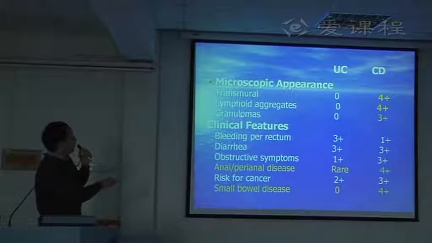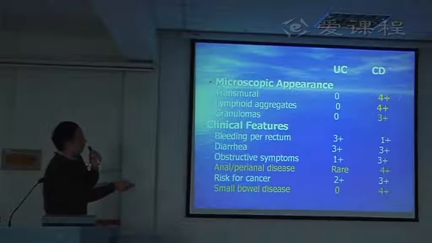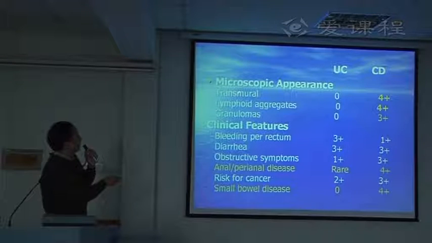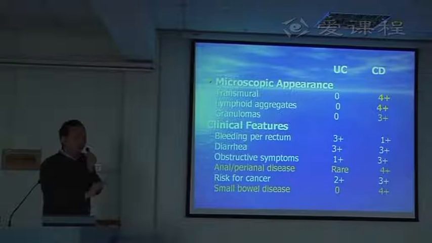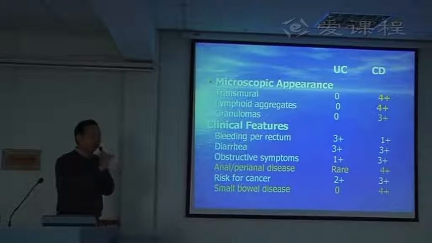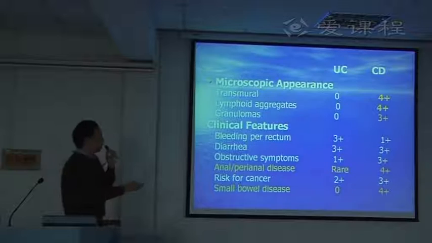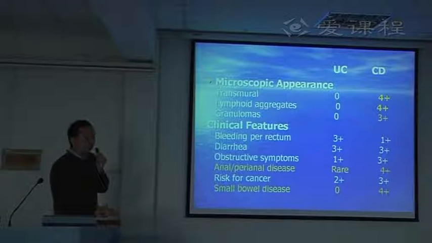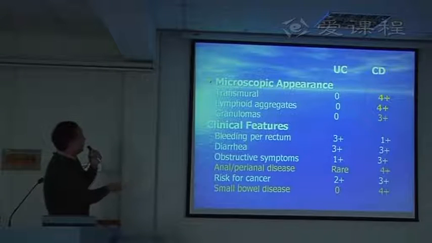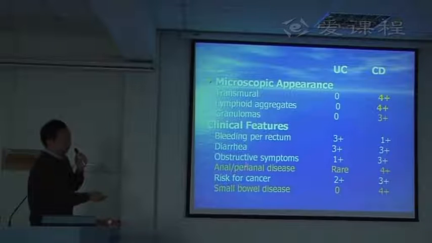And lymphoid aggregate, this is also Crohn's disease, transmural. Because I have mentioned that in UC only the mucosa and the submucosa are involved, but in Crohn's disease, the whole layer. So it's transmural.